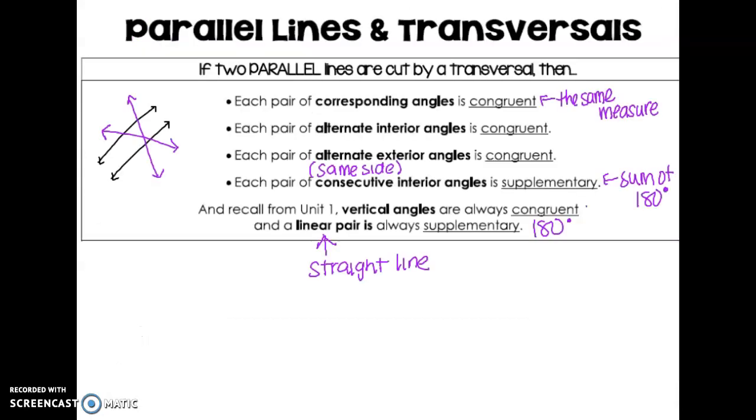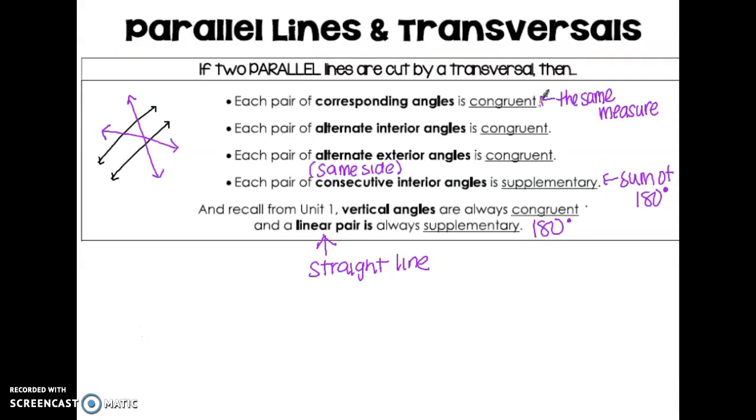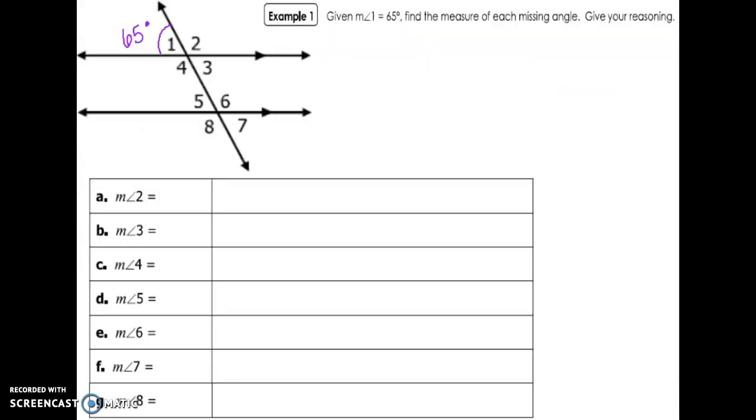If we look at our list, it says corresponding angles. So I'm going to look for its corresponding angle. I know it has to be the exact same measure because they are congruent. So whatever its corresponding angle is, it's also going to measure 65 degrees. In case we forgot, corresponding angles are on the same side of the transversal in the same position.